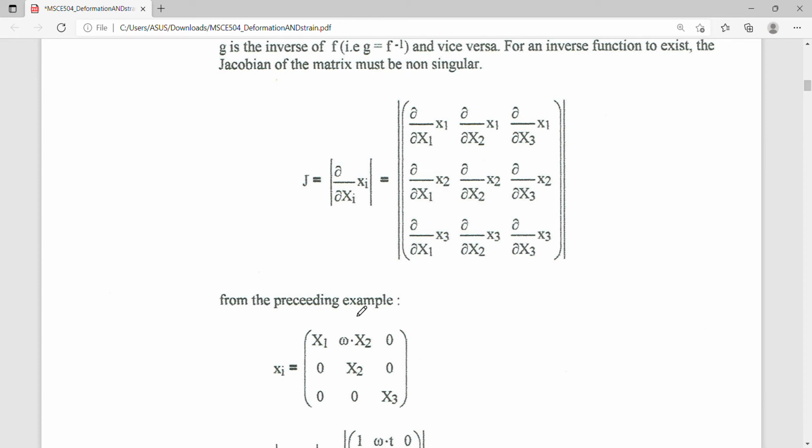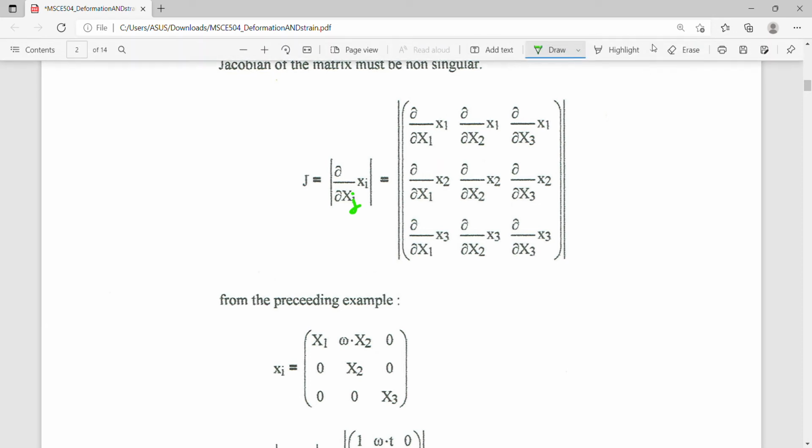Okay, so I think there are just some errors here. Since this is a determinant, this must be consistent.